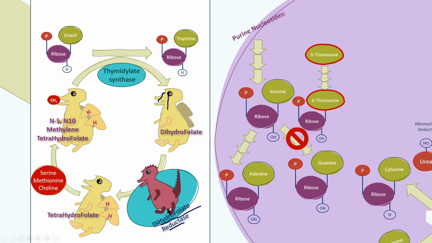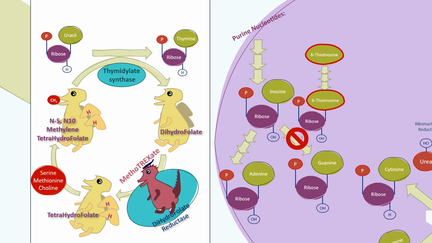So what is this T-Rex dinosaur which is blocking dihydrofolate reductase? Do you know the name of this T-Rex dinosaur? T-Rex. Yes, it's methotrexate, methotrexate and some similar drugs, pemetrexed and some other drugs of this category.